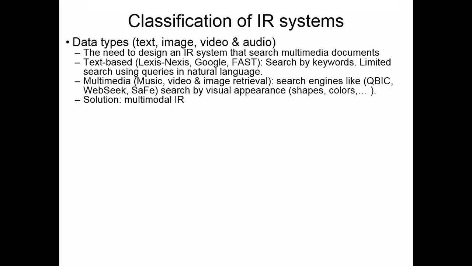Nowadays, there are many attempts to design a text-based information retrieval system, content-based image retrieval system, content-based video retrieval system, and content-based audio retrieval systems. But still, the users may need not only images, but also text.